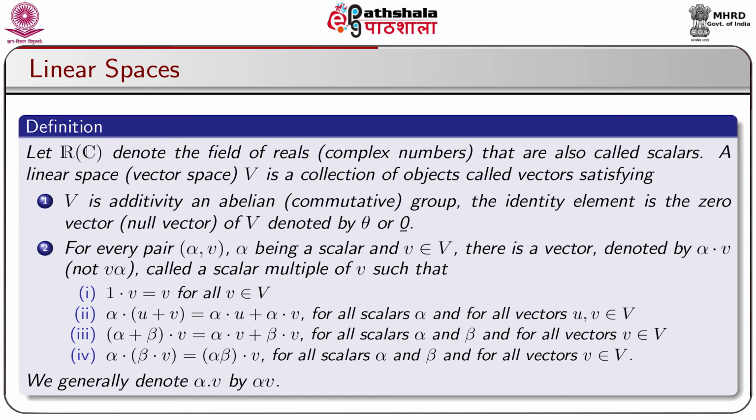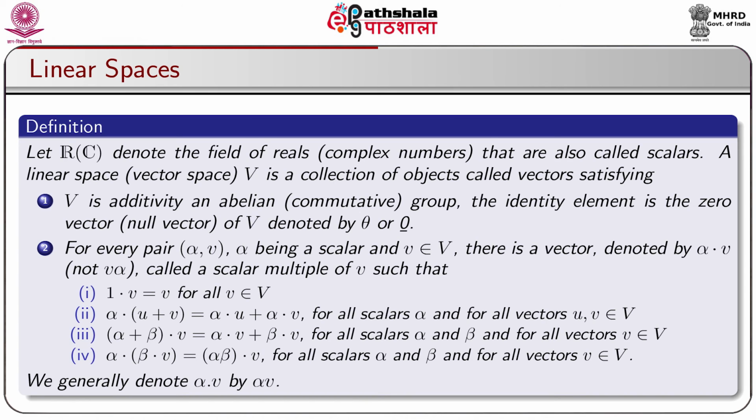Let R or C denote the field of reals or complex numbers, which are also called scalars. A linear space, sometimes called a vector space, generally denoted by V, is a collection of objects or elements called vectors satisfying: V is additively an abelian group, that is, V is a commutative group with respect to addition.